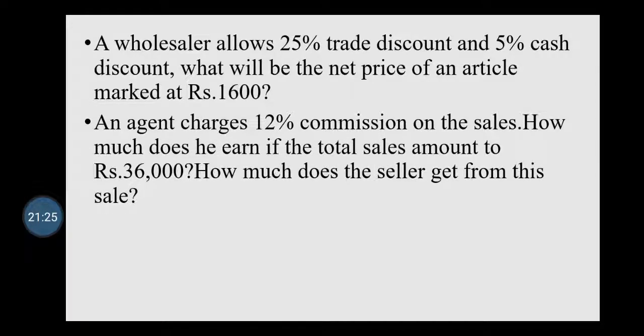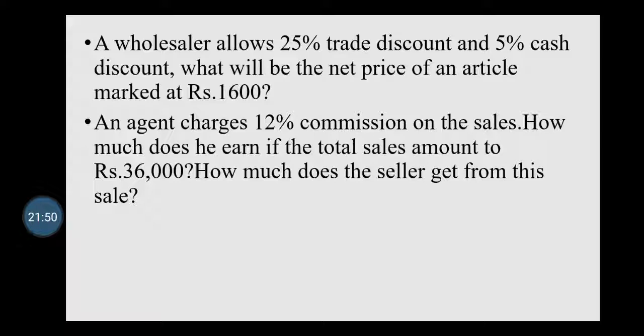The next question, an agent charges 12% commission on the sale. How much does he earn if the total sales amount to rupees 36,000? How much does the seller get from this sale? The commission percent is 12%.